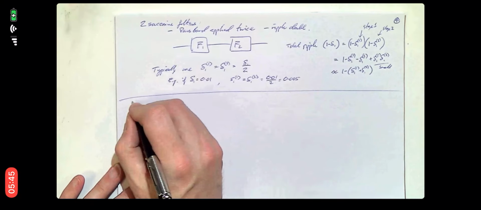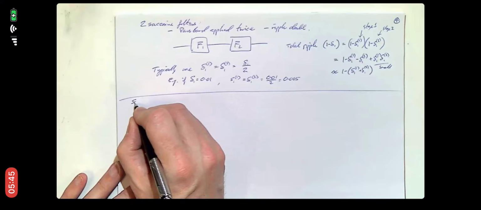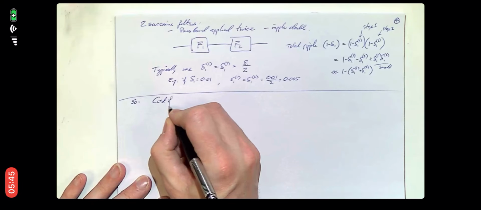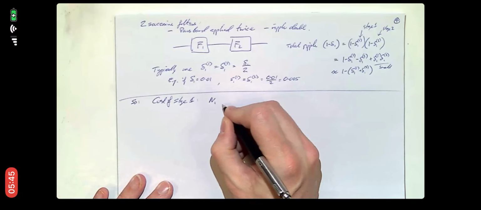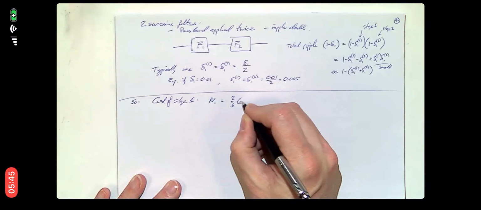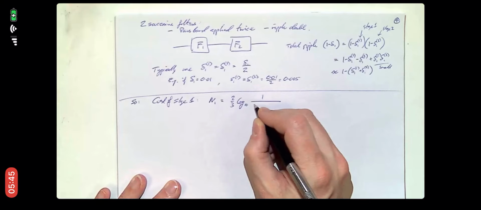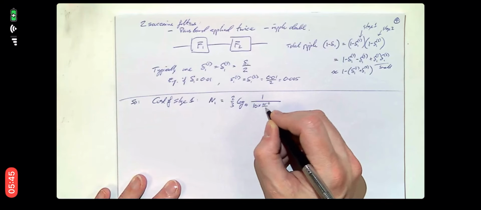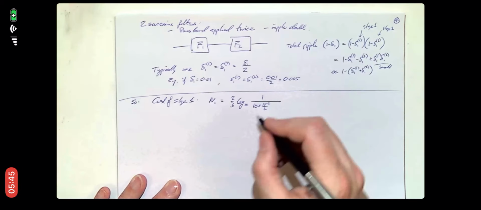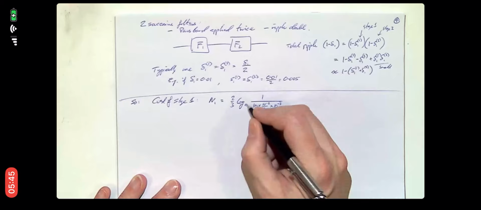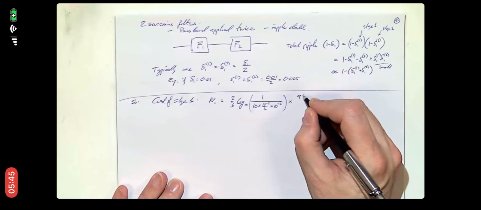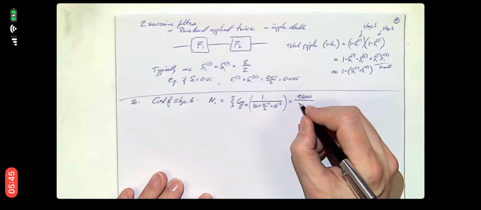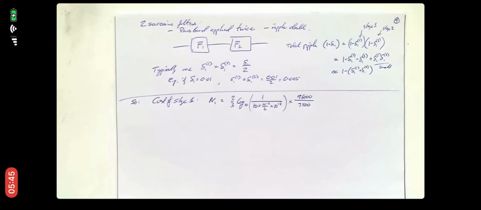So to calculate the full cost of both stages, the cost of stage 1: N1 is 2/3 log to the base 10 of 1 over 10 times 10 to the minus 2 over 2, that's our split delta 1, times 10 to the minus 2, that's our delta 2, times the sampling rate that we had, which was 96 kilohertz, divided by, this time, 7.5 kilohertz, which was our longer transition band.